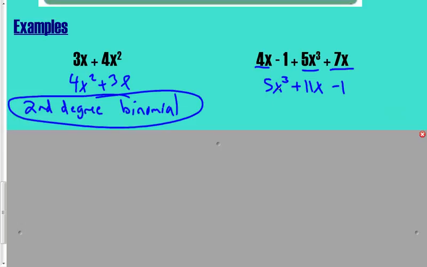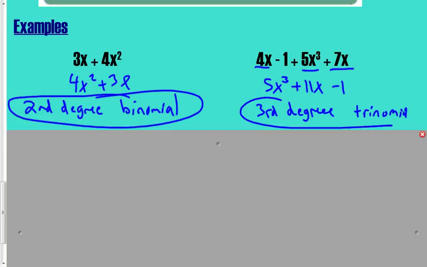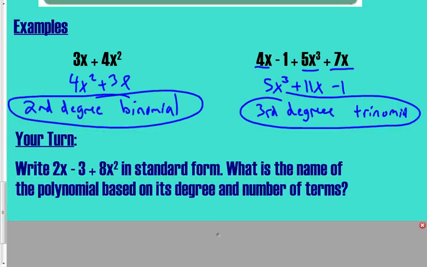This is now a third degree, but it is a trinomial. It's not a four-parted polynomial, because those two, the 7x and the 4x, were actually like terms. So we combine them. All right, your turn.